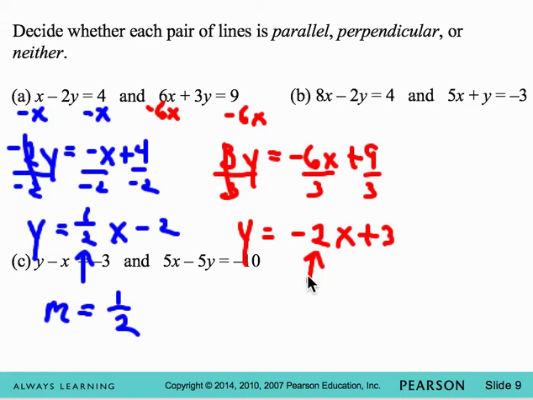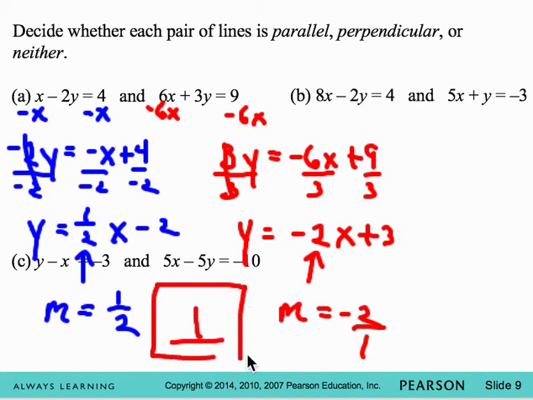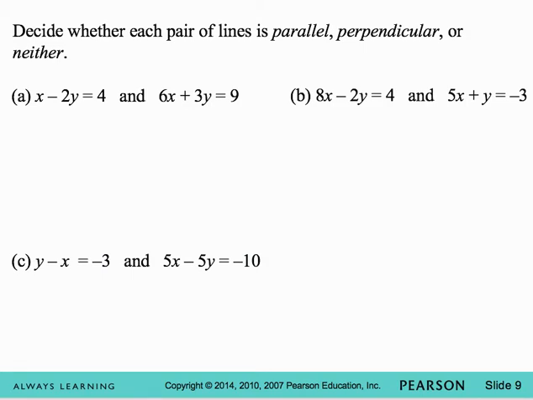The slope of this line is -2. So they're not the same. They're not parallel. Are they negative reciprocals? Is one positive and one negative? Yes. Are they reciprocals? Yes. These lines are perpendicular. That's a little shortcut symbol for perpendicular. Okay, let's try the others.